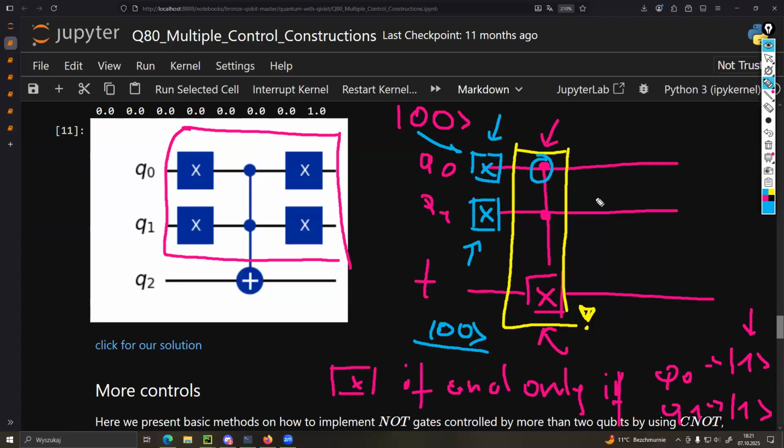Okay, so that's nice, but this circuit is odd, right? Since it has an operation at the end that is also an X. This is because we would like to preserve the same state before and after the operation.